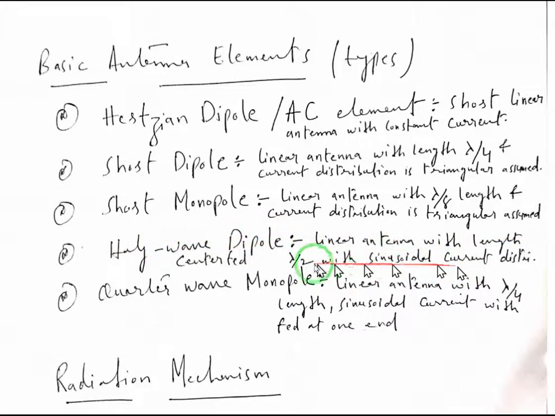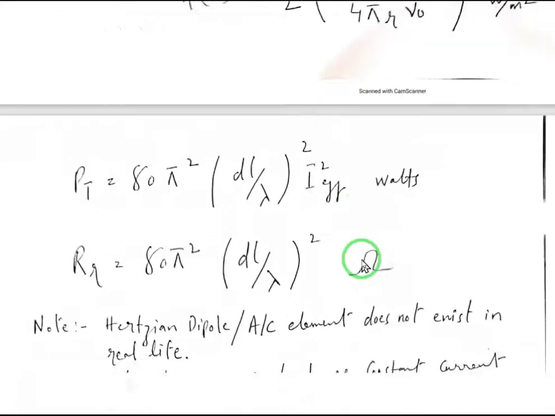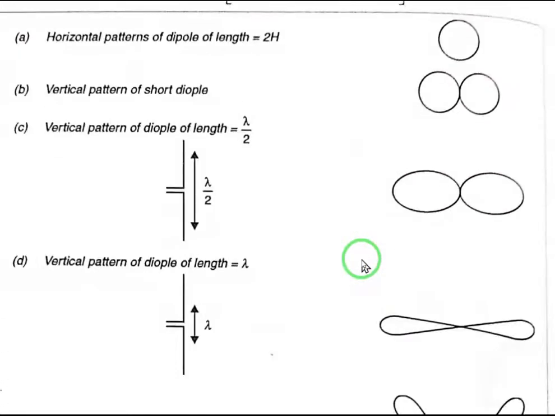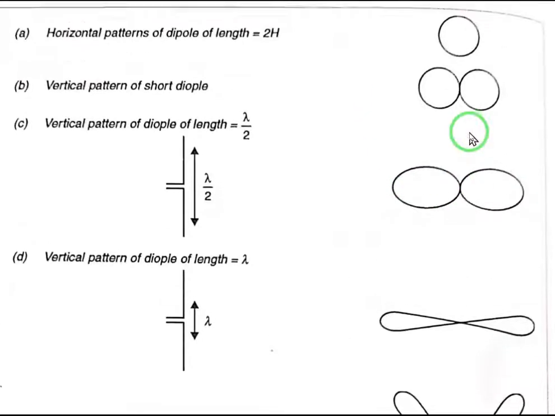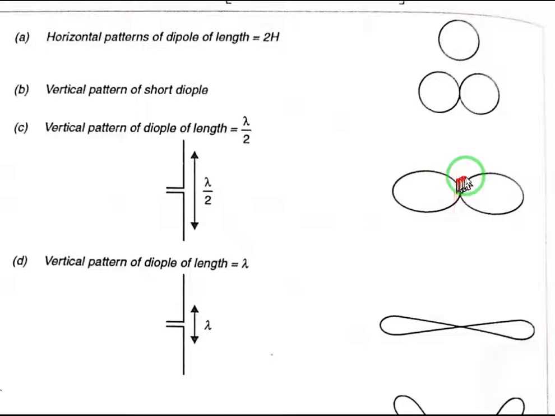It means that we are talking about the half wave dipole that is vertically polarized. Half wave dipole that is vertically polarized has this pattern, which is much nearer to an ellipse, and that represents the vertically polarized half wave dipole.